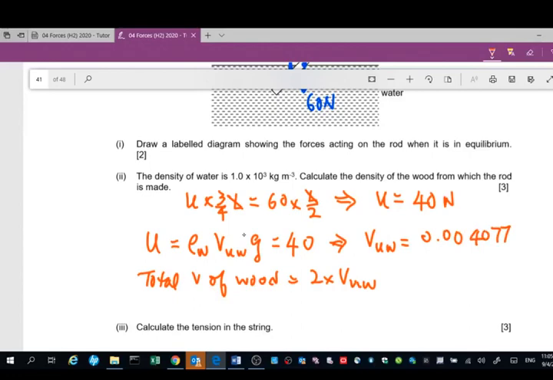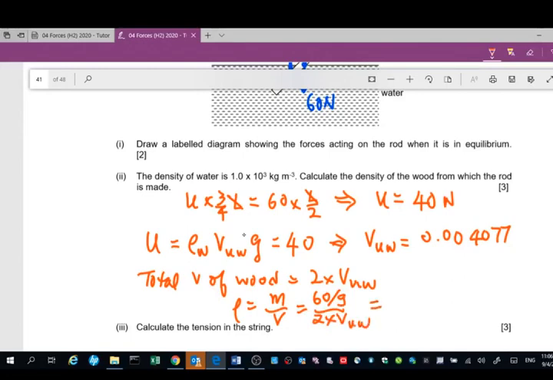Okay, so now we know that the weight of the wood is given. To find the density, it is just the mass over the volume, right? The volume of the wood is 2 times the volume underwater, and the mass is just the weight divided by g. So M equals W over g, and then divide by 2 times the volume underwater.